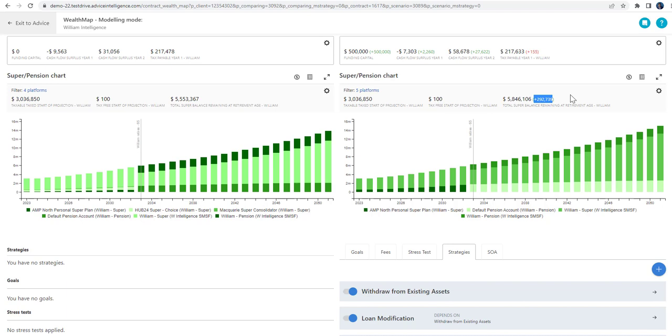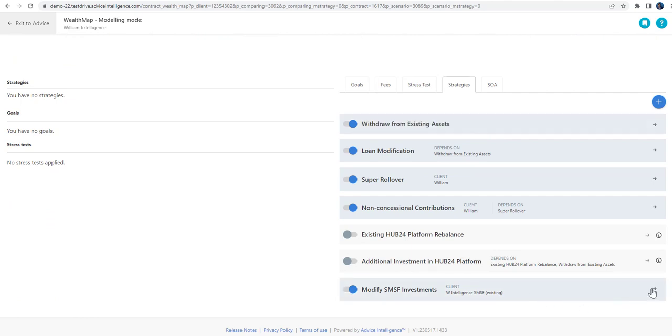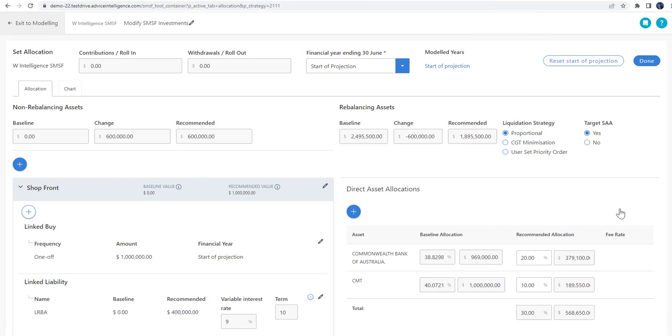Now, remember that William also has an SMSF, and we're now going to make some adjustments to his SMSF investments. Unfortunately for William, again, his investments were not aligned to his current risk profile, and what we've done here is made some adjustments to ensure that his SMSF is actually working in his favor.